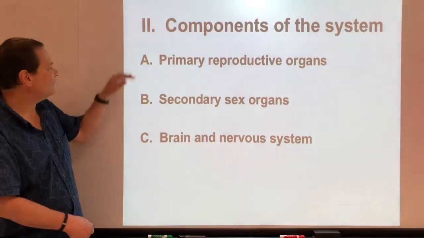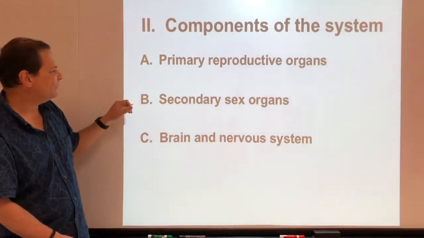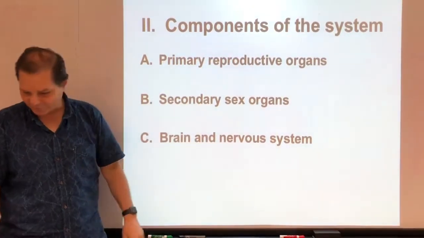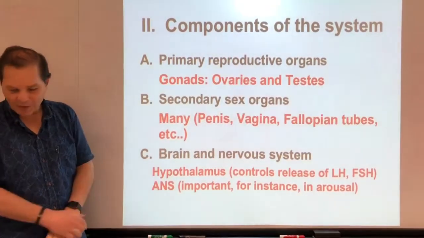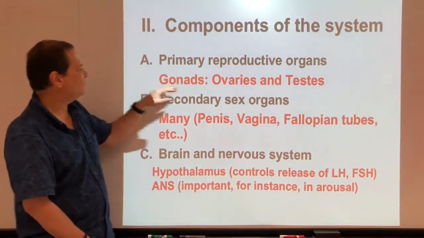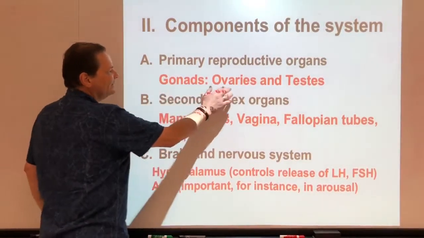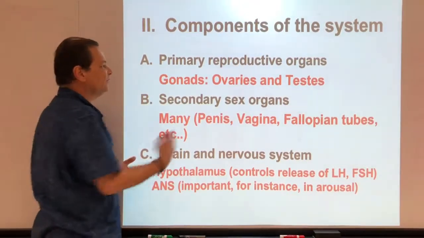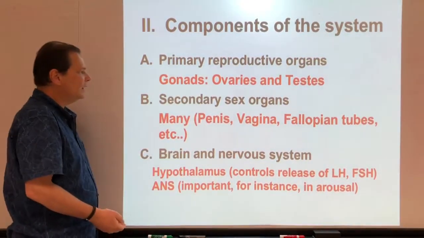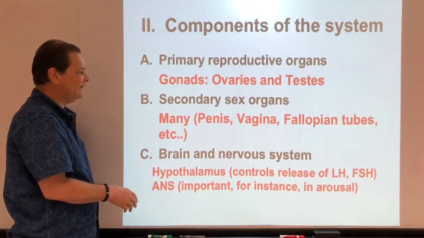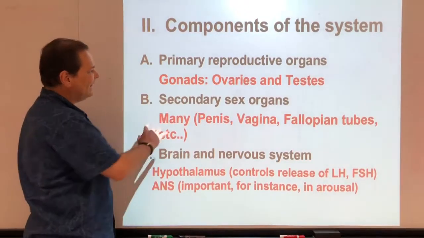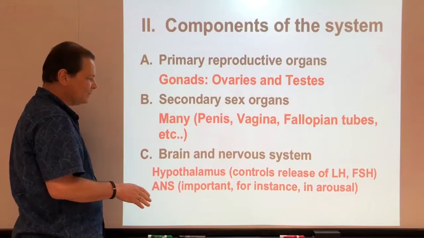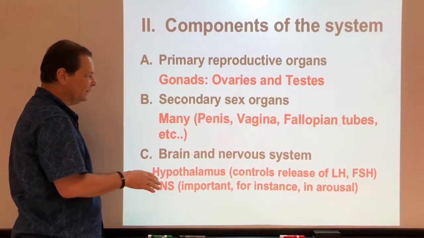The components can be broken down into the primary reproductive organs, the secondary sex organs, and the brain and nervous system, the control systems. The primary reproductive organs are the gonads, that is the ovaries and the testes, and these are where the gametes come from. This is the source of the genetic material. The secondary sex organs basically serve to bring that genetic material together in such a way that it results in a new human.